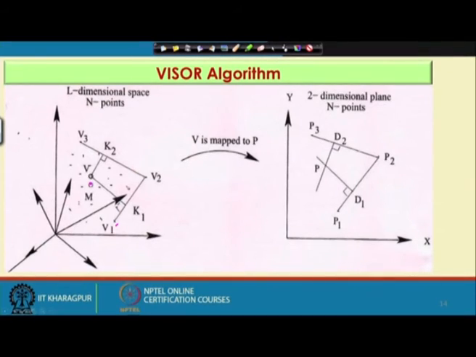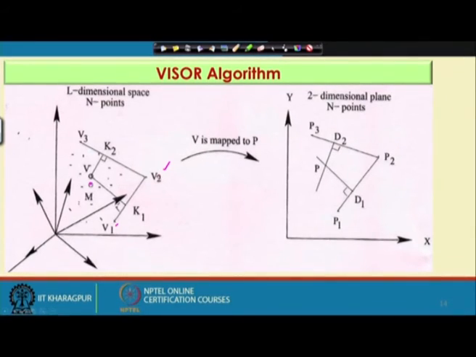So, there will be n minus 1 Euclidean distance values, and once again we compare those values and try to locate a point, that is the second pivot vector, for which we get the maximum Euclidean distance starting from V 1. So, I will be getting this V 2.